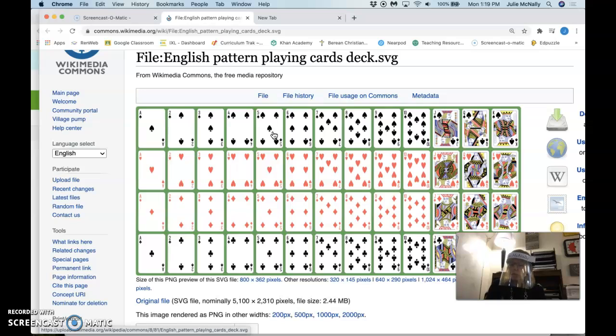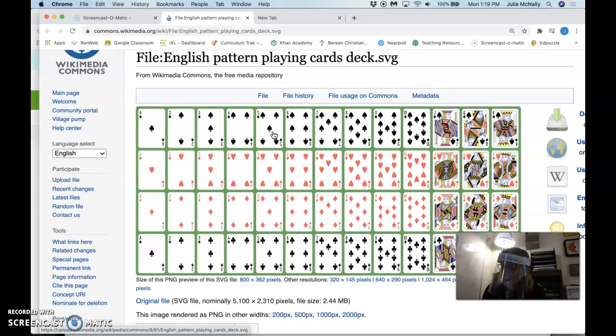So, let's go back to the question now. It says, what is the probability of picking a 5? How many 5s are there in this deck of cards? Yes, there are 4 5s. How many total cards are in my deck of cards? 52.